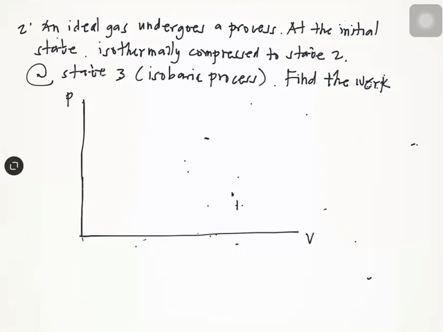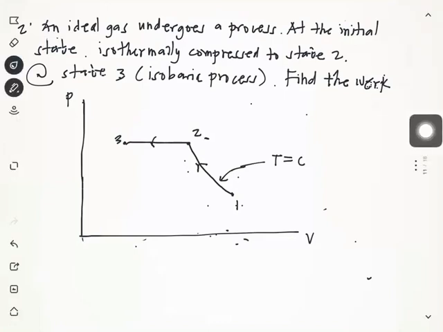For example, this is our point 1 and this is our point 2. So that is an isothermal process, where temperature is constant, and isobaric, meaning constant pressure, from point 2 to point 3. So this is our PV diagram.